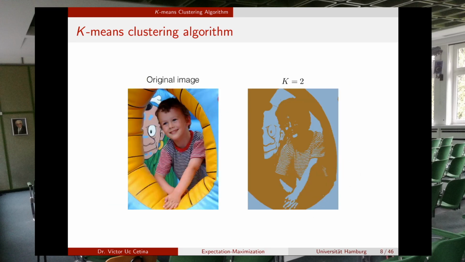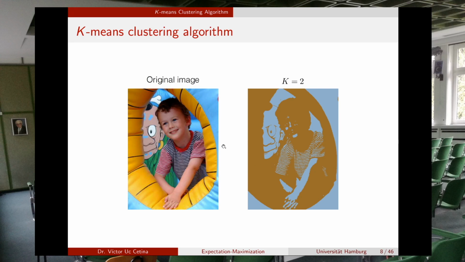So there are many applications of this algorithm. Here is an application to images, and here to the left you see an image, and to the right you see the same image, but we have clustered the pixels of the image, taking into account the color of each of the pixels.